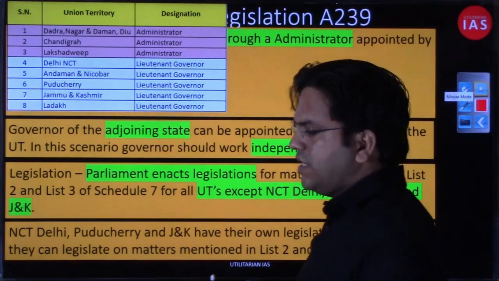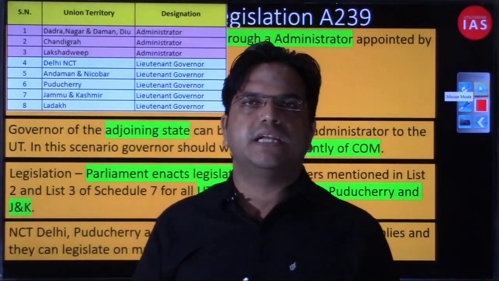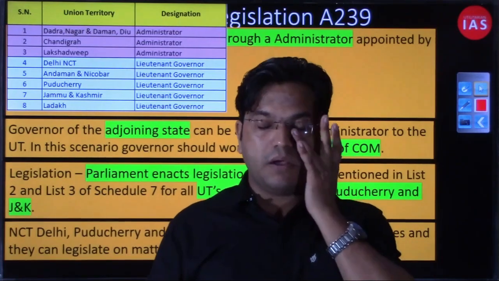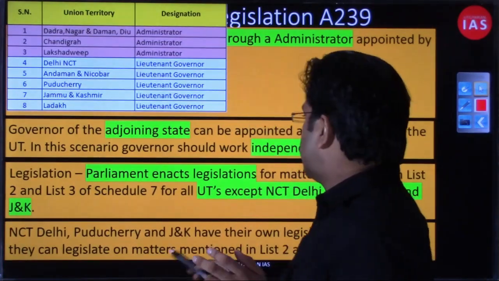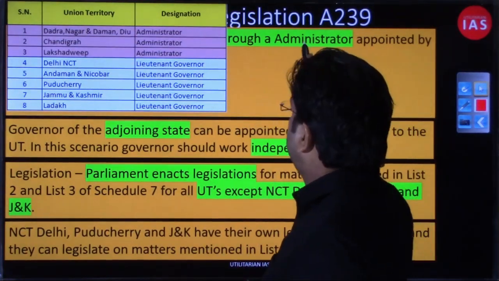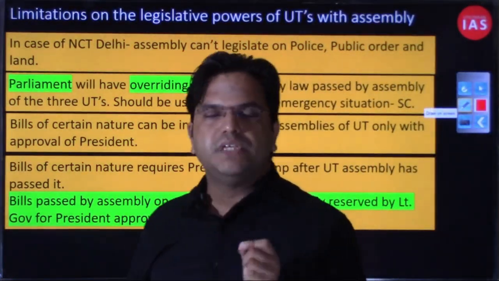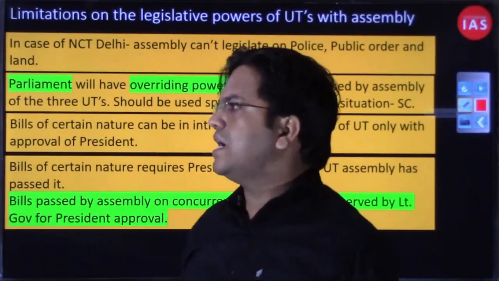There are certain limitations that have been put on the legislation passed by these 3 assemblies. Let us start discussing what kind of limitations have been put on the legislative powers of these 3 union territories that have assemblies.